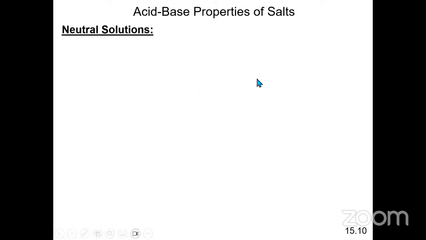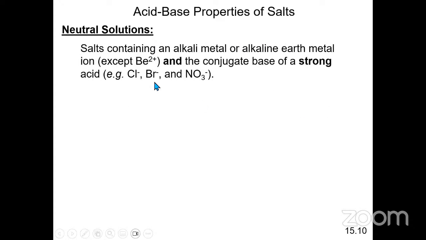So we're going to talk about the three different types of salts with respect to acid-base properties. We have neutral salts, where basically any salt containing an alkali metal or alkaline earth metal, with the exception of beryllium, and the conjugate base of a strong acid, such as the examples you see here, chloride, bromide, and nitrate, those salts will be neutral.